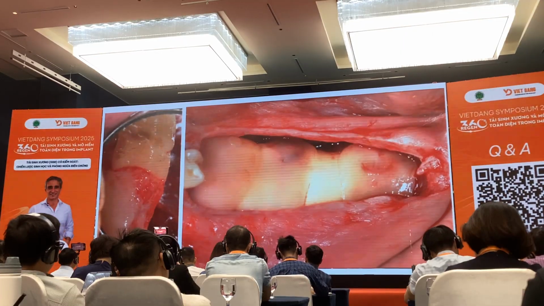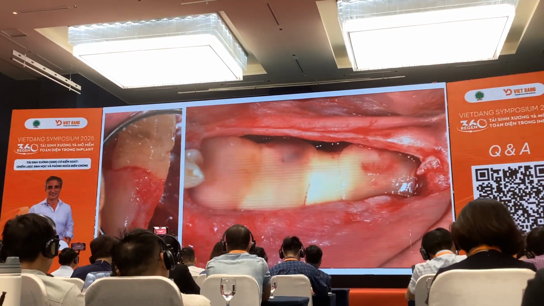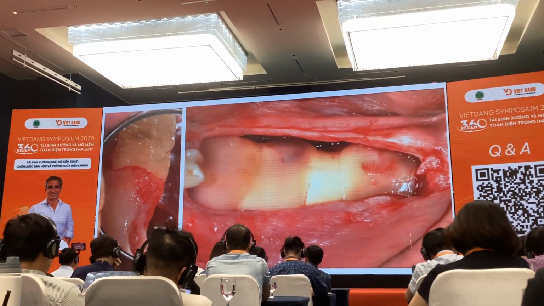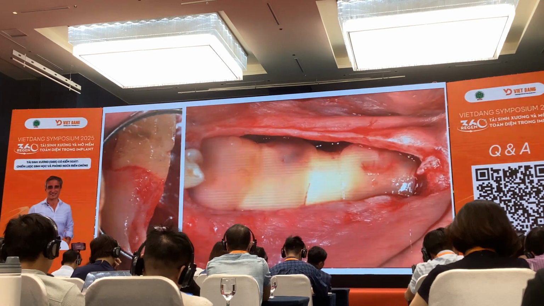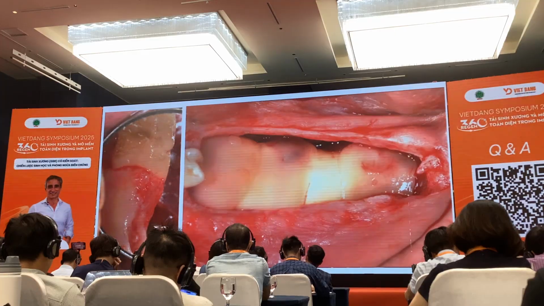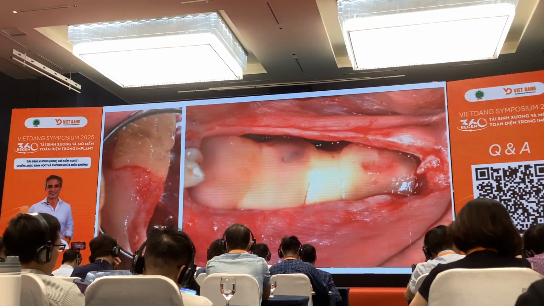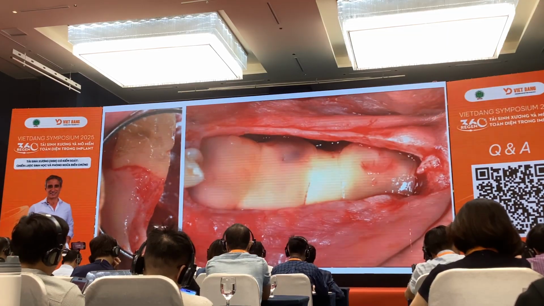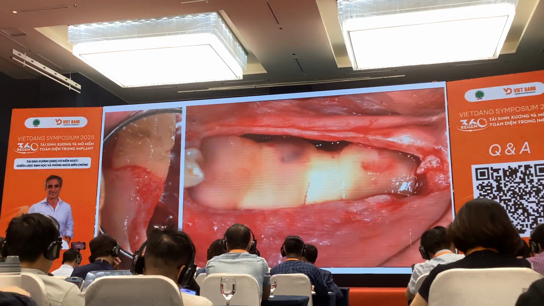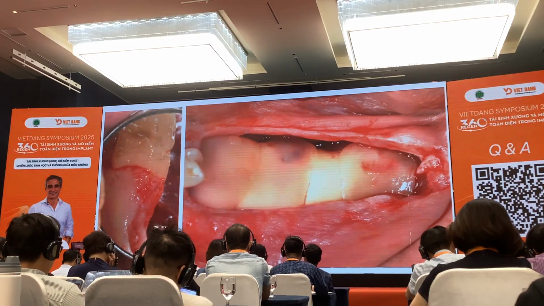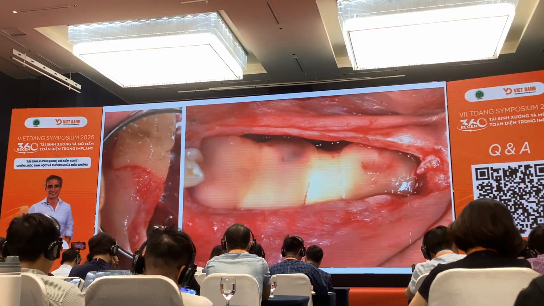Now, I describe the rationale for the bone peak, residual bone peak. If we analyze the timing of the restoring of the different layers of the periodontal attachment, we place at the first place the periosteum.